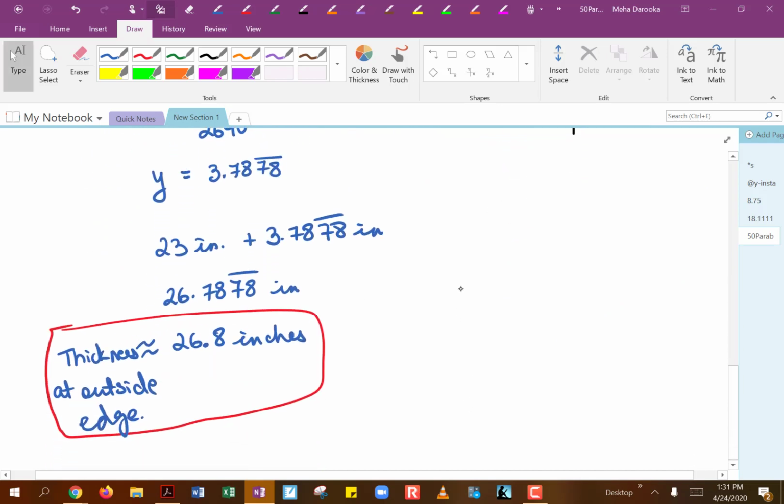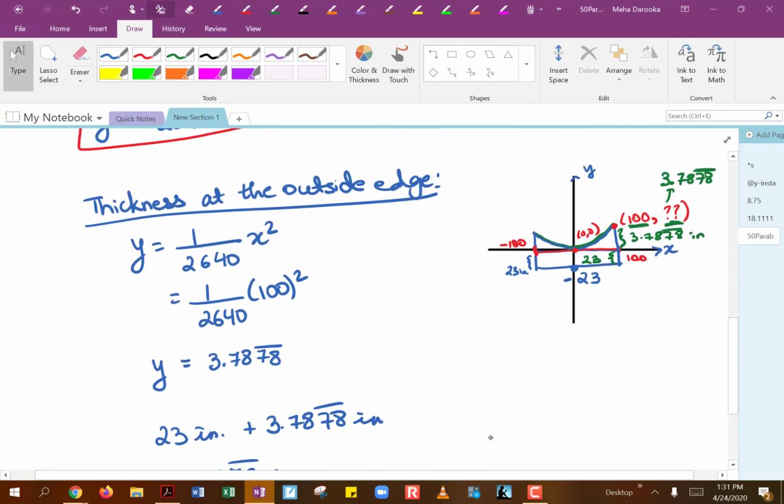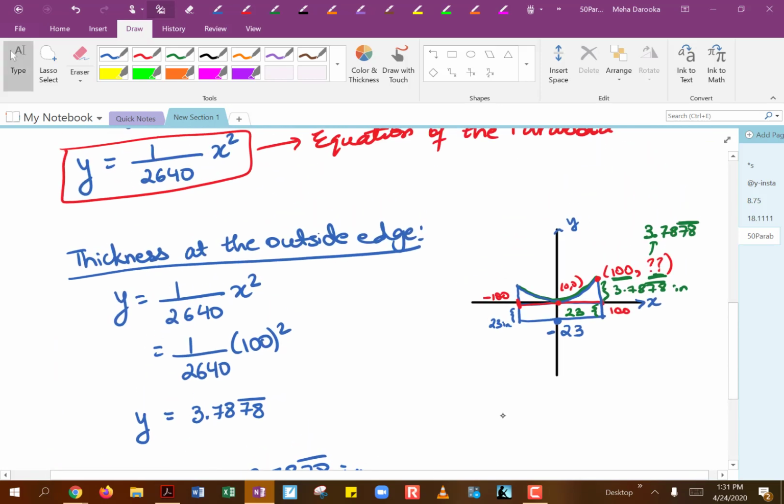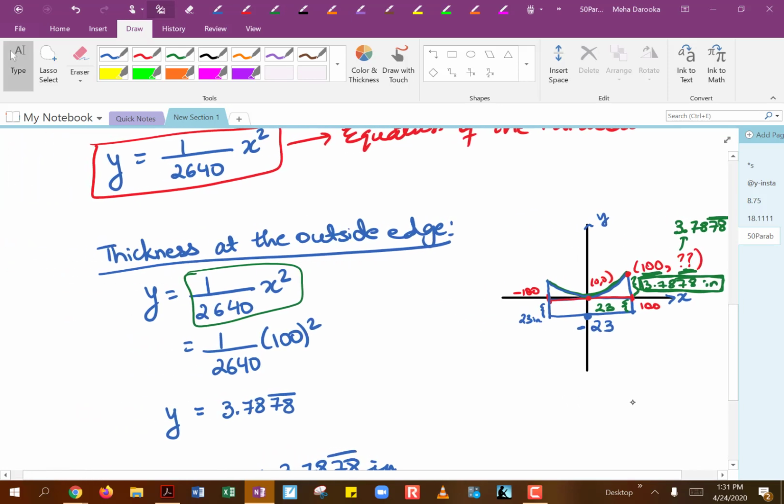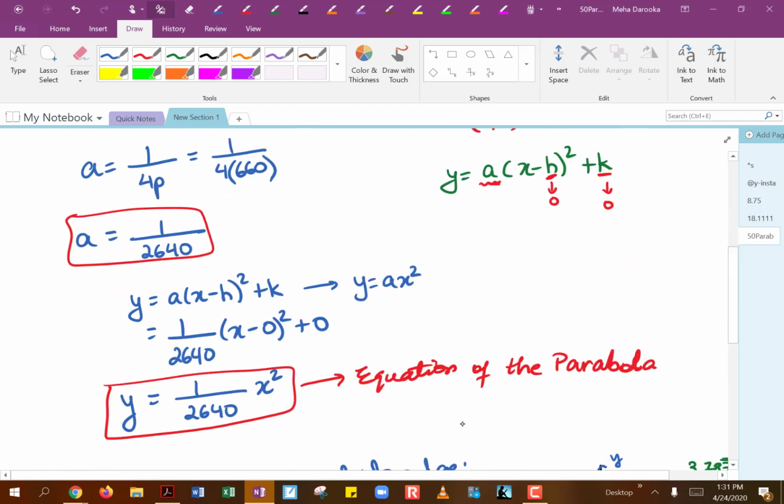There are just so many different things that we can do with this calculation when you look at the geometric form. So what I want to reiterate is that this equation over here helps us come up with this thickness of the 3.7878 that we got. So just keep that in mind, okay?